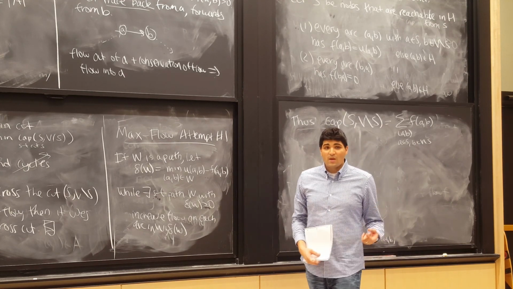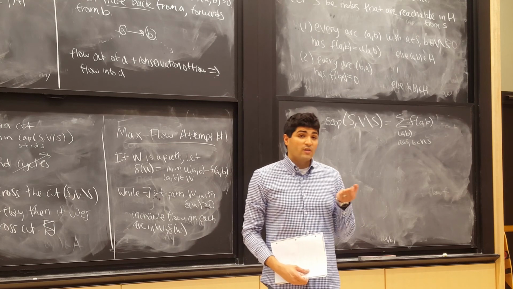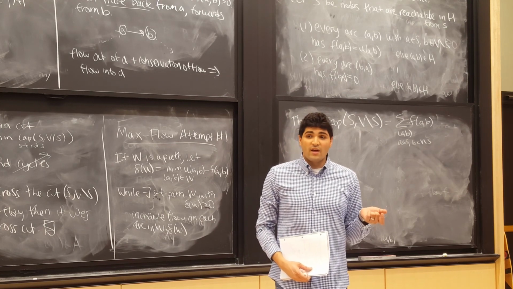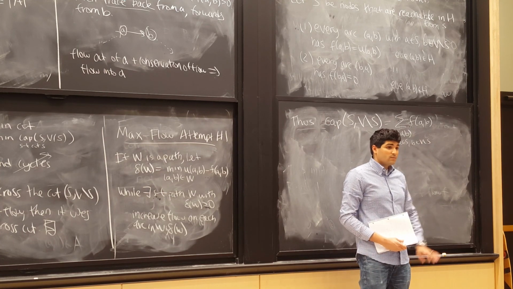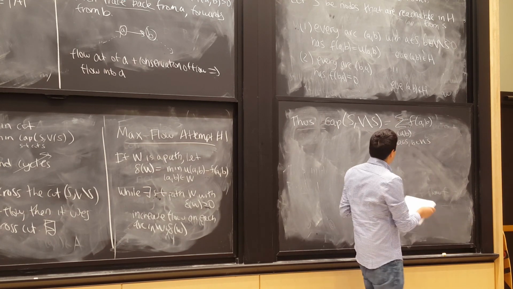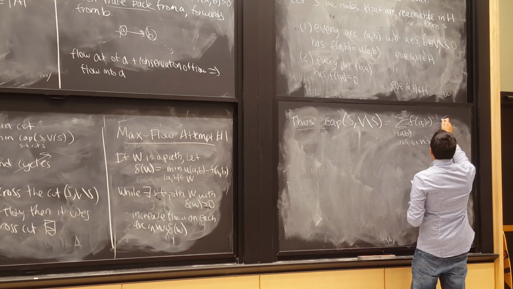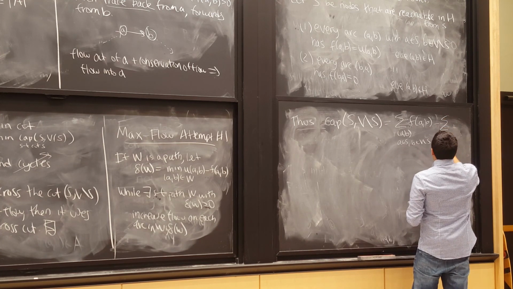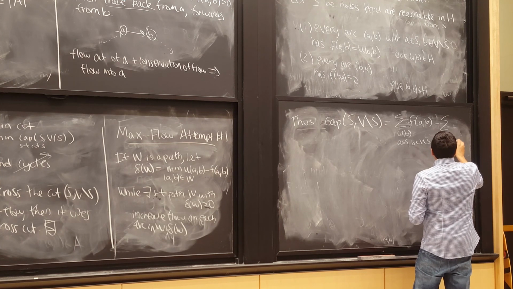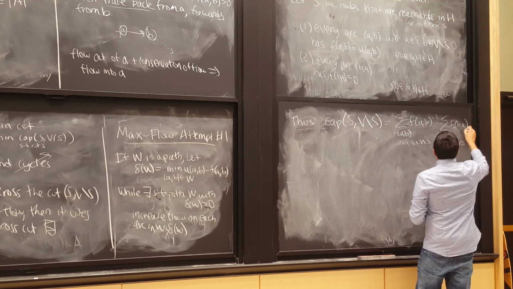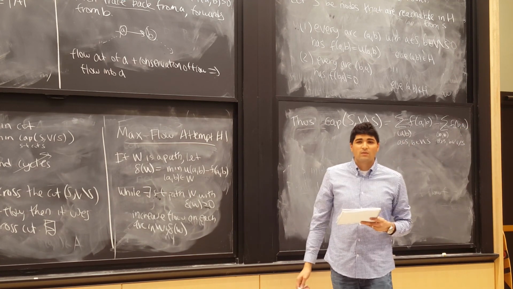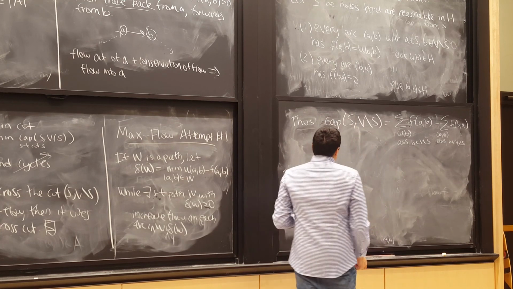Because at termination, for any of these edges which is going forward, we know that the flow is equal to the capacity of that edge. So I've just replaced U of AB with F of AB, same thing, right? Because of condition 1. In fact, I can do something else, which is I can even subtract off all of the flow in the reverse direction. Why? Because it's 0, right? So that's great.